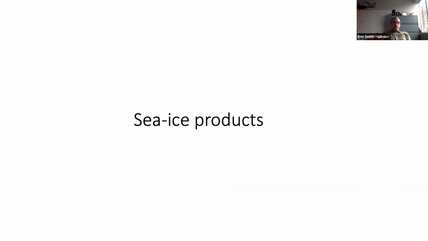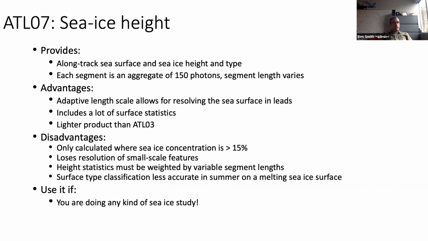So the next are the sea ice products. I'm going to move a little bit more quickly through these because I don't know them as well. ATL07 is sea ice height. It's the along track product that gives you sea surface and sea ice height and the type. So it tells you whether you're looking at sea ice or a crack in the sea ice that lets you see the ocean.